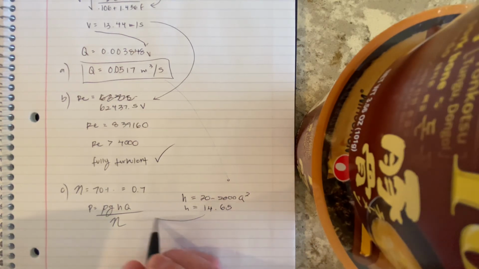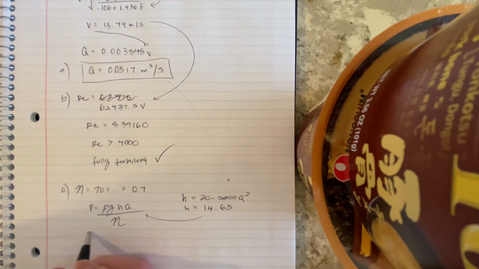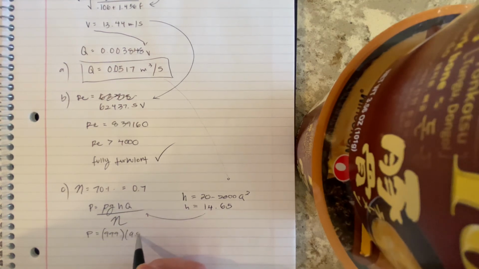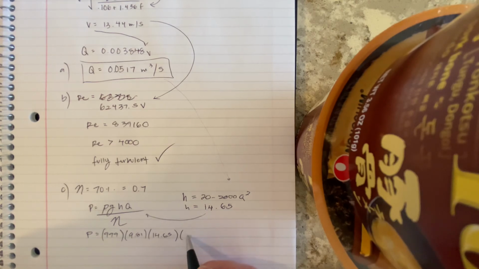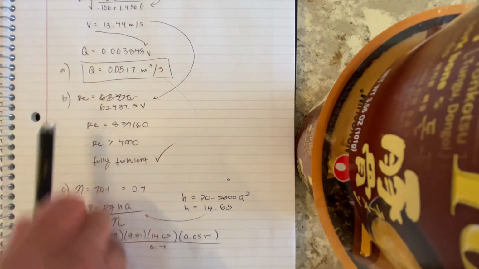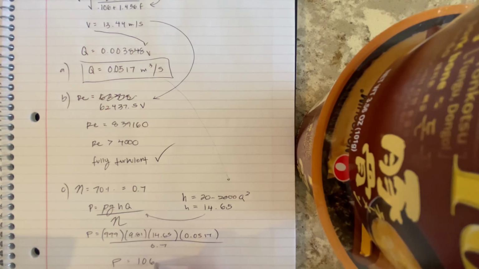Then I would use this to plug back in here. Since we know all our other givens, P equals 999 times 9.81 times 14.65 times Q, which we found already, 0.0517, over 0.7, and power is ultimately 10,603 watts.